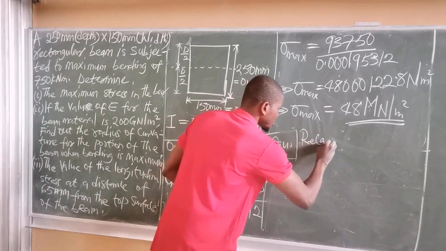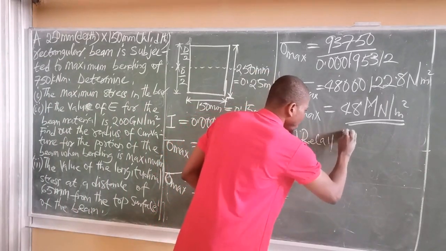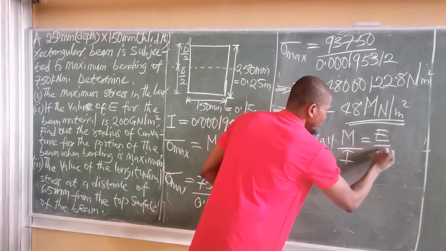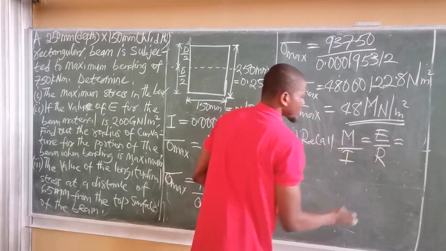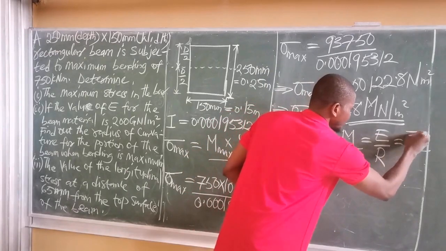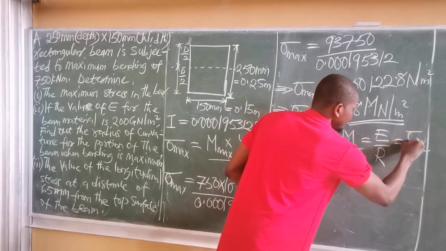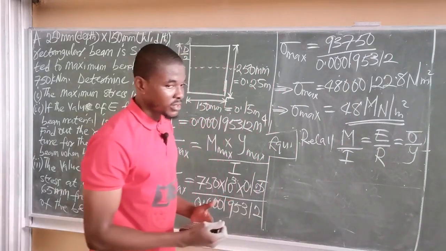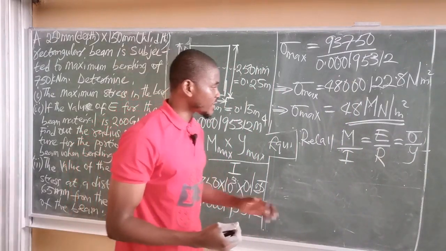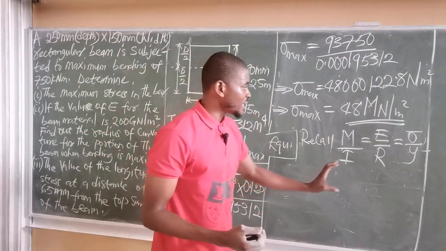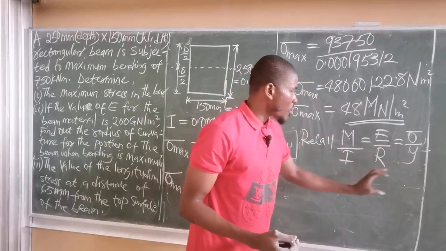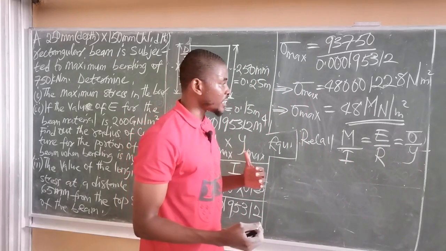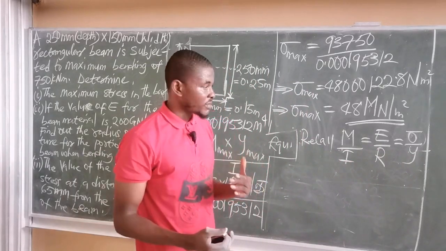Recall we said M over I is equal to E all over R, and that's equal to the stress all over Y. This time around, we are being asked to find the radius of curvature. So you can either choose these two equations or you can choose these two equations. Whichever equation you choose, you're going to obtain the same answer.